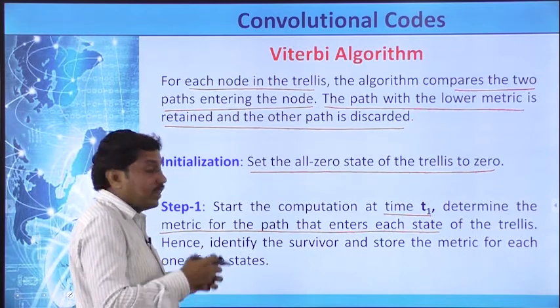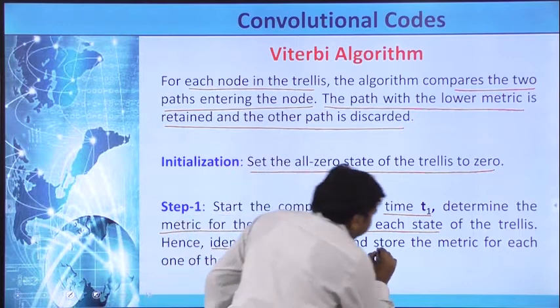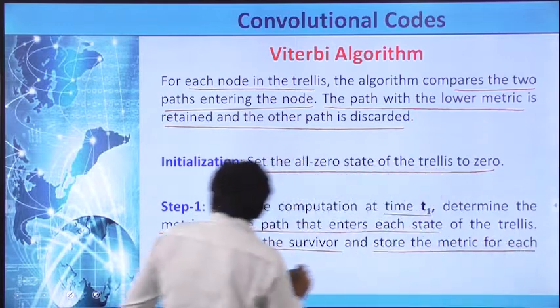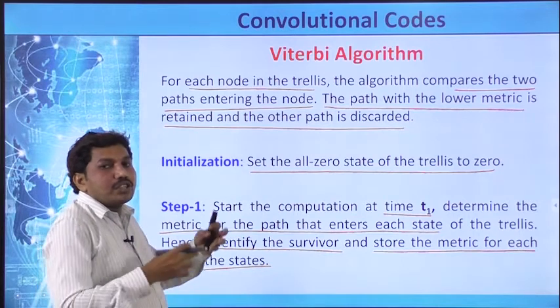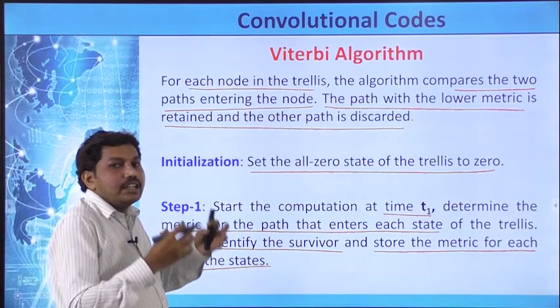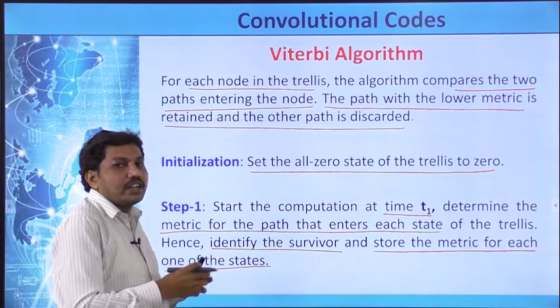For each state of the trellis, identify the survivor and store the metric for each one of the states. That means, whichever metric has least value or minimum value is stored and the other one is discarded.